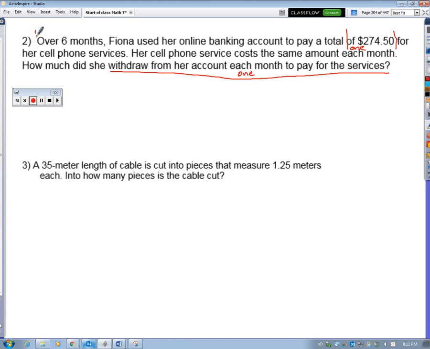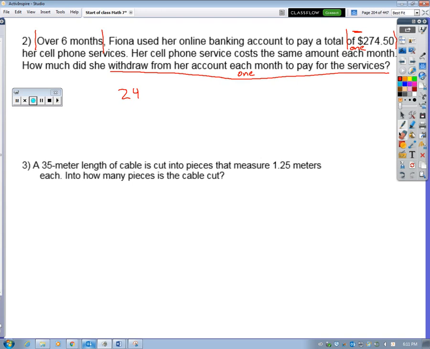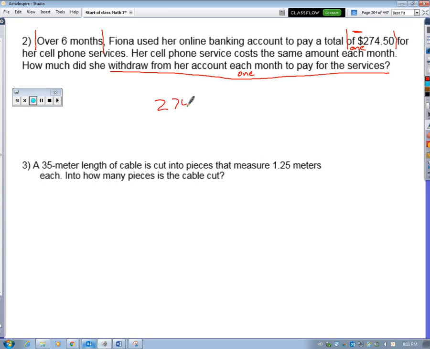We have 6 months. There's a math fact. Alright, and she's going to pay a total of $274.50. So if you're paying money to somebody, then you're losing money. So we'll make that number negative. So we're just going to take that total, $274.50.